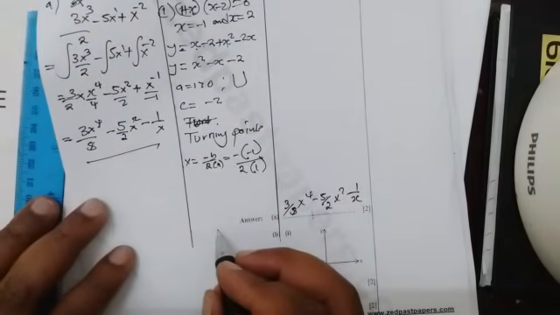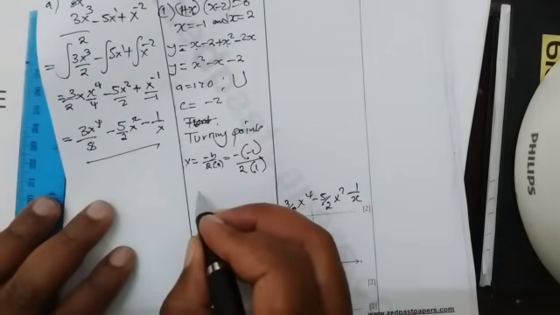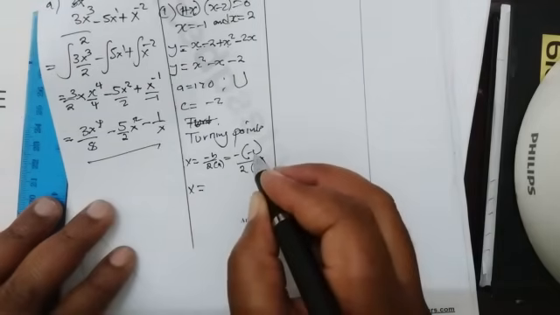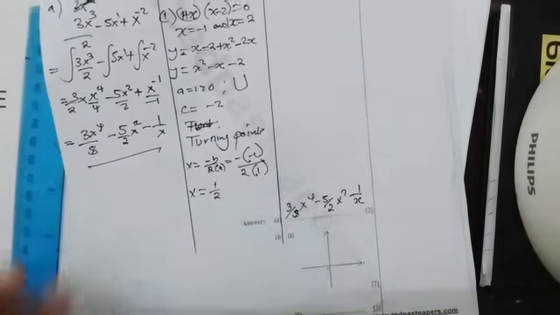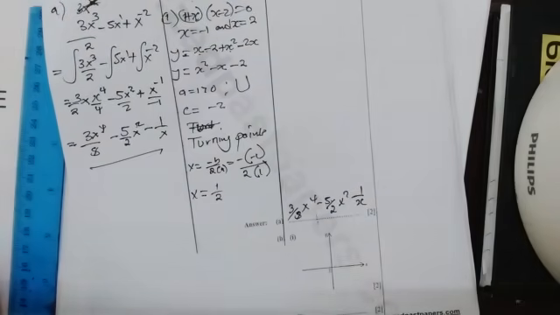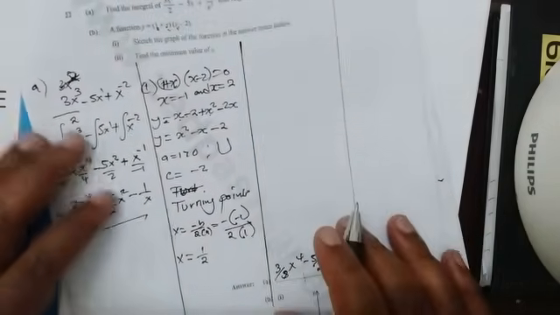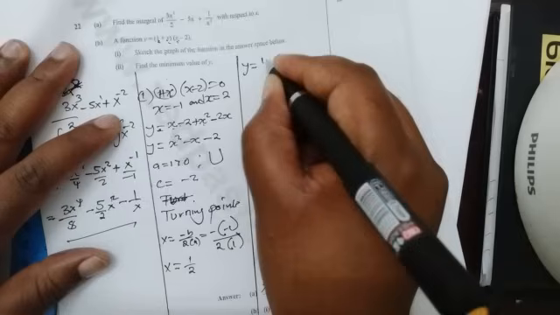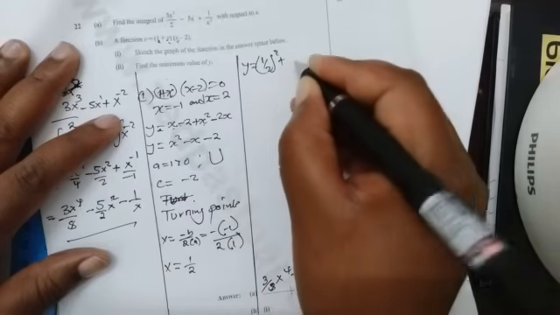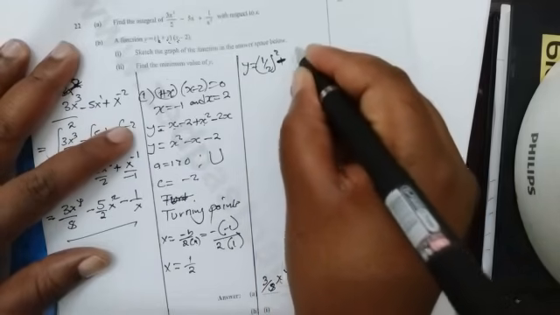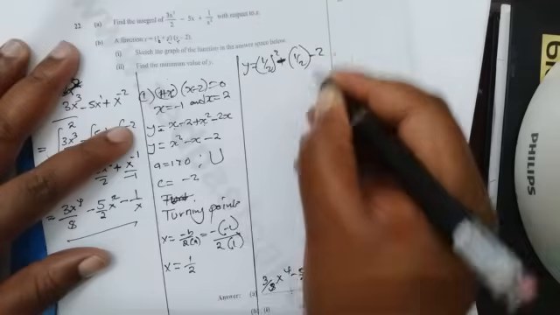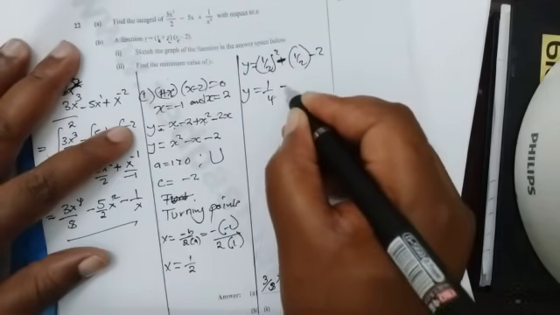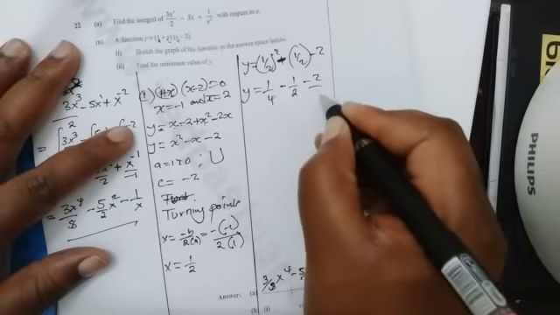So the turning point of x is, this will be positive 1 over 2. Alright, that's a turning point. Then how about y? You can substitute this. You say y is equal to, or use the formula, 1 over 2 squared plus minus 1 over 2 minus 2. Okay, this is 1 over 4 minus 1 over 2 minus 2 over 1.